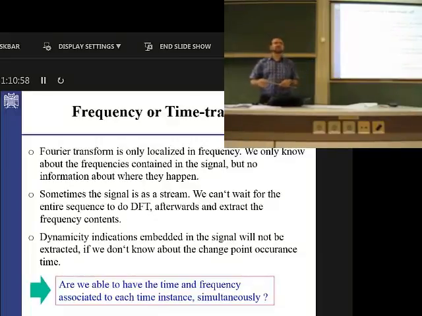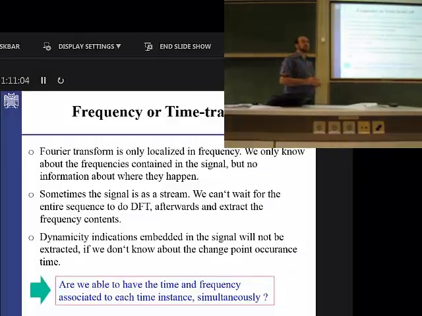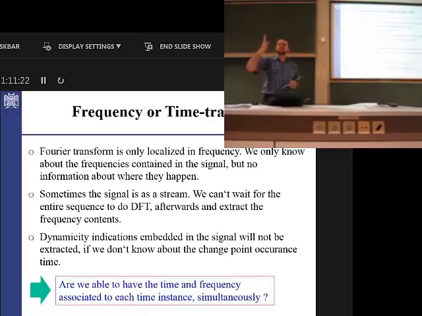Normally the signal that you get in nature is the time domain signal, but you are interested in some frequency information of the signal. The point is that if you take the Fourier transform, then the information is only localized in the frequency. So it means that you will just know that this signal contains these frequencies or not.